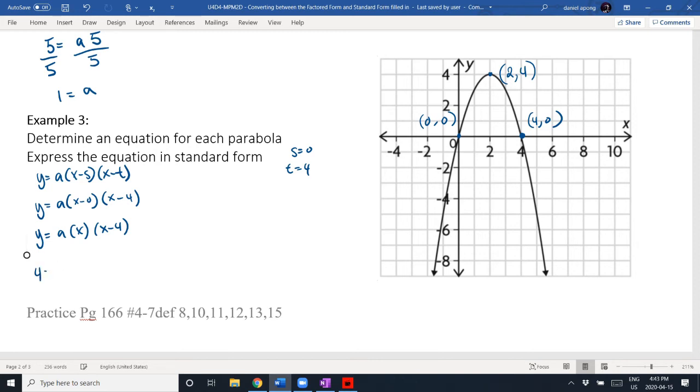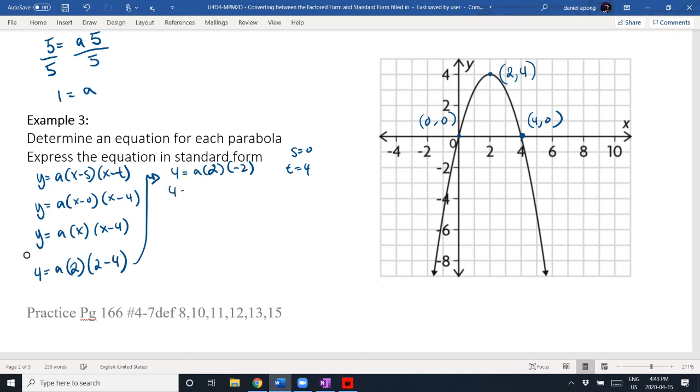So 4 is equal to a times x, which is 2, bracket 2 minus 4. And now we can solve for a. So let's bring this up here. So we have 2 minus 4. So I'm just going to rewrite this bracket and simplify it here. So 2 minus 4 is negative 2. And we can solve for a now.